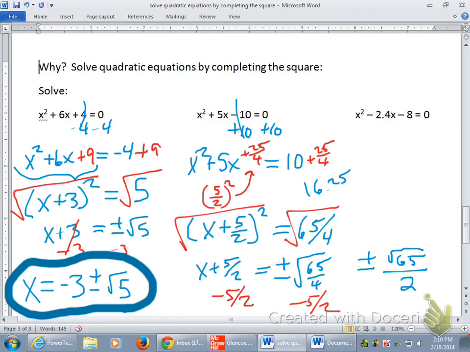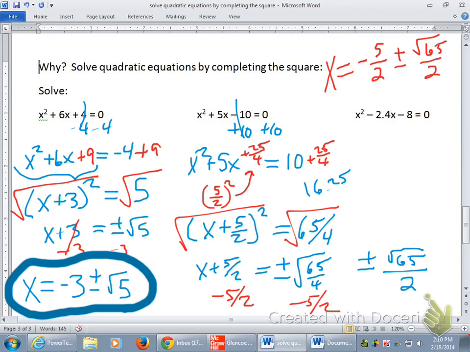And I'm totally out of room, so I'm going to write this at the top. That my answer would be x equals negative 5 over 2 plus or minus square root 65 over 2, which is actually pretty nice because now I got common denominators.